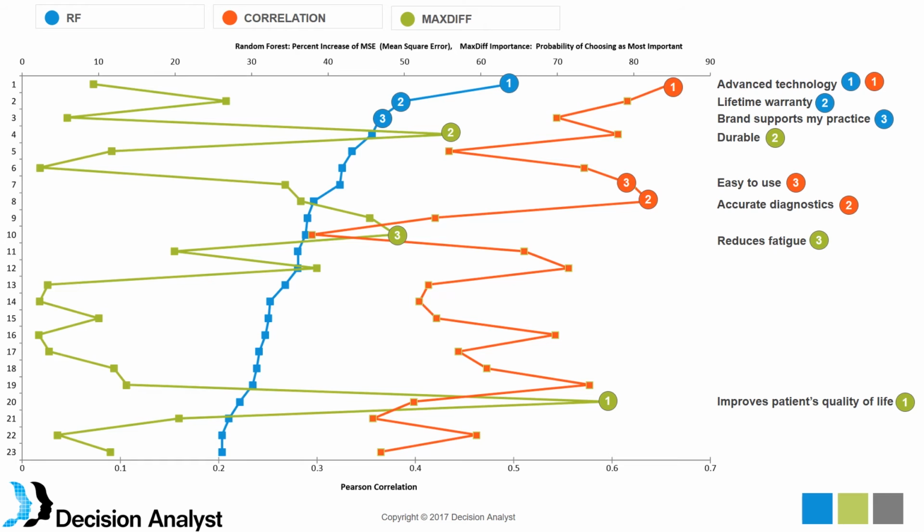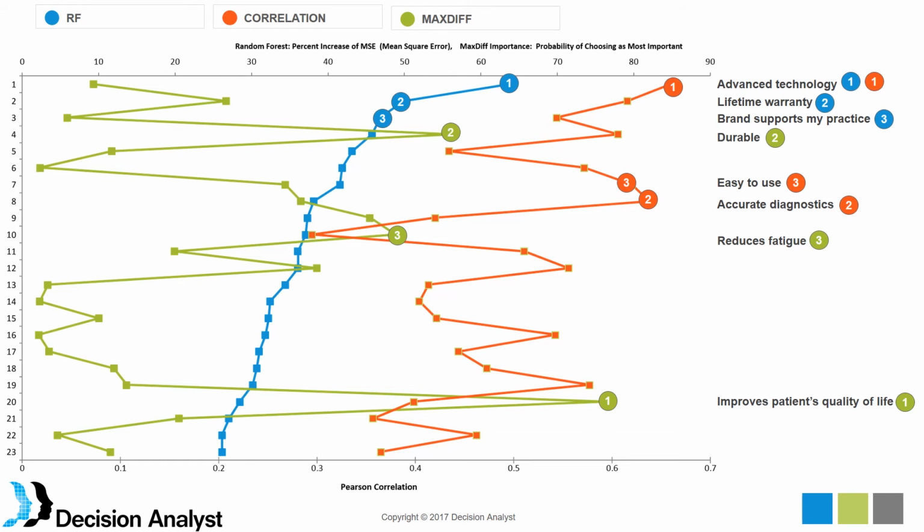For random forest, the second ranked driver is lifetime warranty. But for the correlation, that looks like maybe number 4. Number 3 driver in random forest is brand of the medical device supports my practice. And it looks like in correlation, that one could be number 7. So it's quite a bit lower.